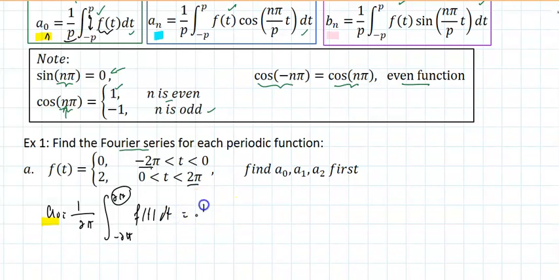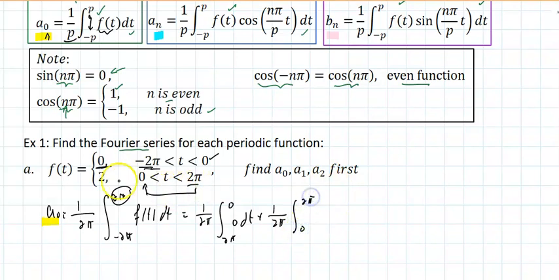That is going to be 1 over 2 pi, the integral from negative 2 pi to 0, where f of t in that case is 0, plus 1 over 2 pi, the integral from 0 to 2 pi, where f of t is 2, dt. So the first part is 0.